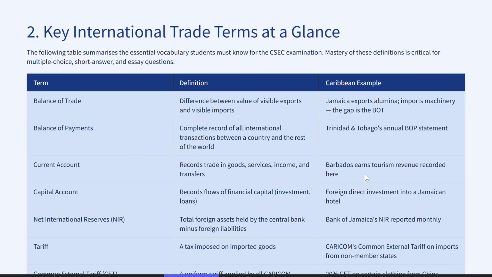When we see income, we're looking at the money earned from investments abroad and money that is sent back home by workers who are abroad, which is what we call money remittances. Somebody goes away, they make money and they send money back for their family. And current transfers refers to money given for nothing in return. So grants and stuff like that.